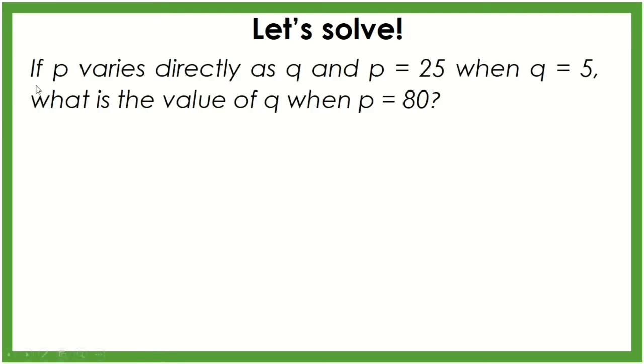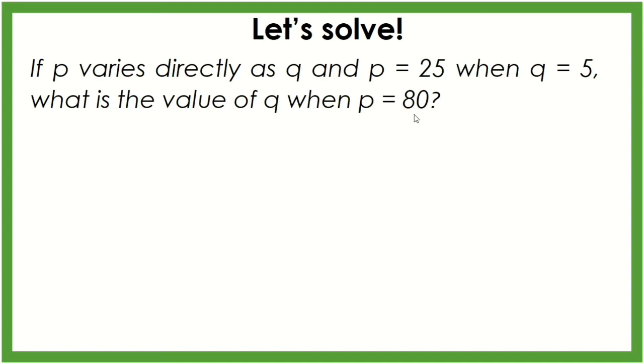Okay, so the first problem, if P varies directly as Q and P equals 25 when Q equals 5, what is the value of Q when P equals 80?